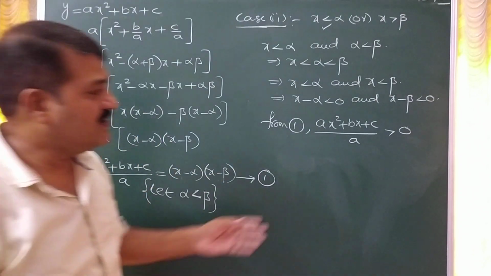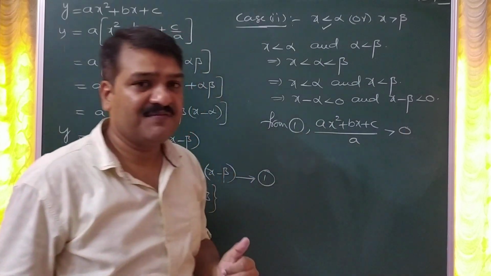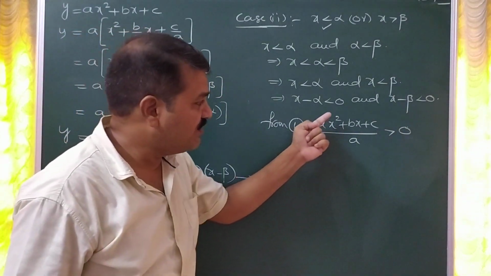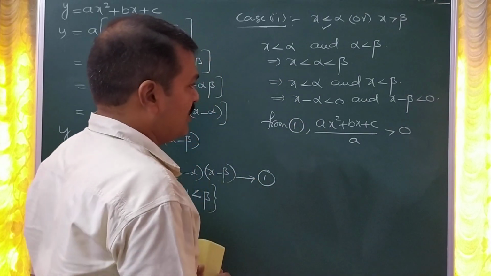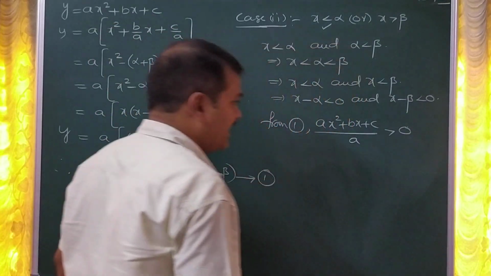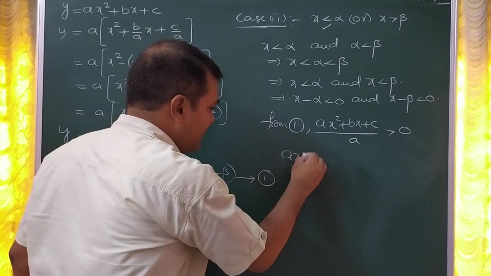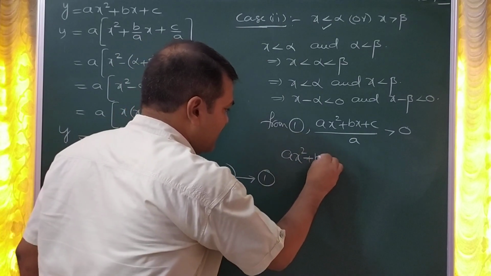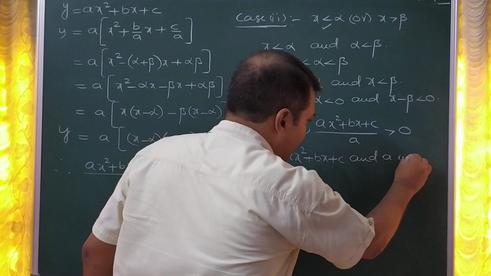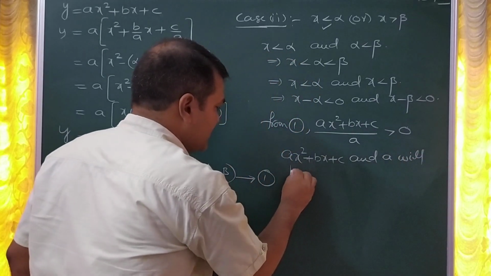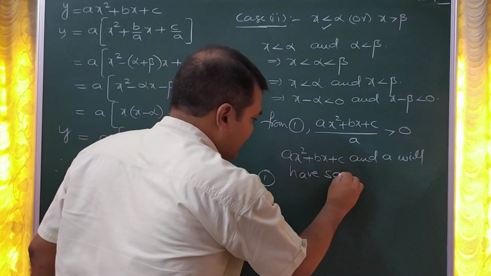So what is the meaning when the fraction is positive? A fraction is positive means numerator and denominator will have the same signs. That means ax square plus bx plus c and a will have the same signs.